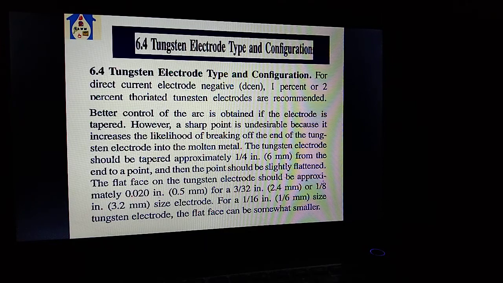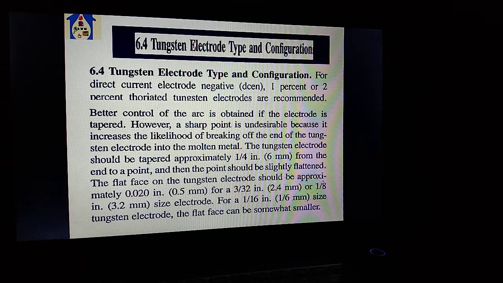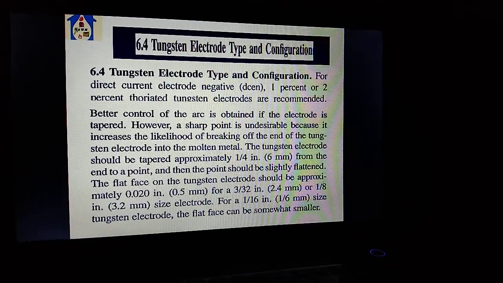At that point there should be a slightly flattened face of approximately 0.4 mm for a 2.4 mm or 3.2 mm size electrode. For a 1.6 mm size tungsten electrode, the flat face can be somewhat smaller.